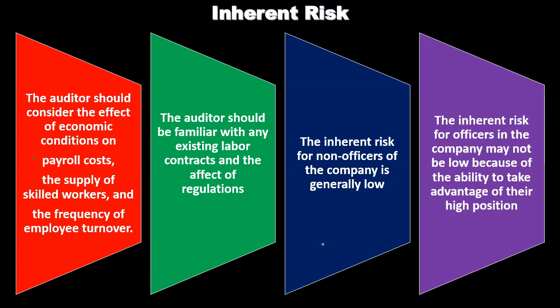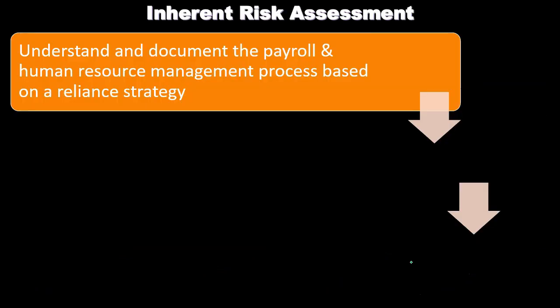But the inherent risk of the officers in the company may not be low because of the ability to take advantage of their high position. They have more influence and can take advantage of it, which could make them more of an inherent risk within the process.